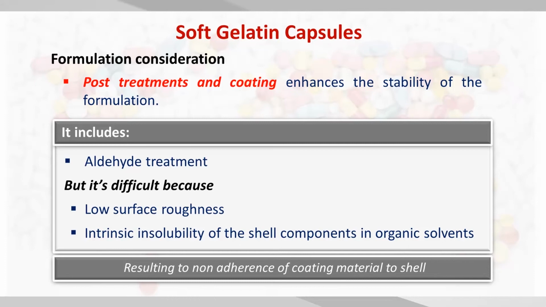It is very difficult though. Low surface roughness and intrinsic solubility of the shell components in organic solvents result in non-adherence of the coating material. So, it is very difficult to do, but we try in specific cases to post treat or to coat the soft gelatin capsules.